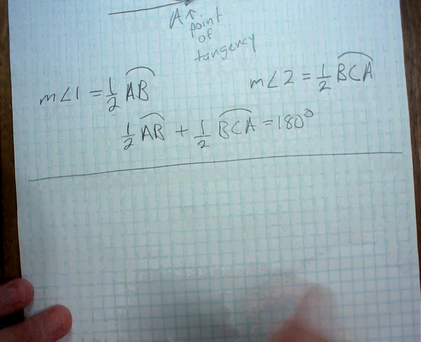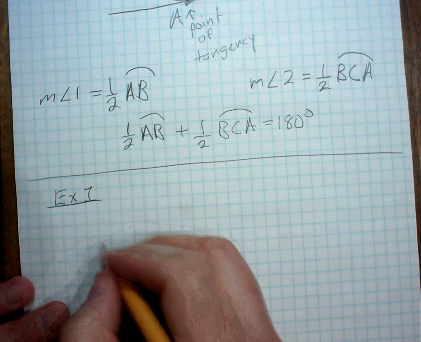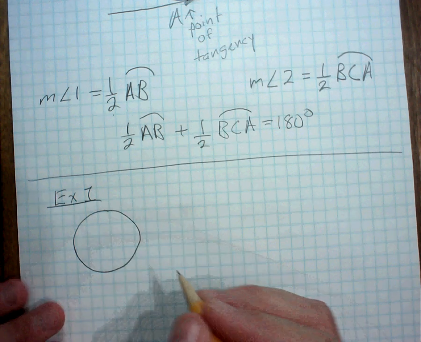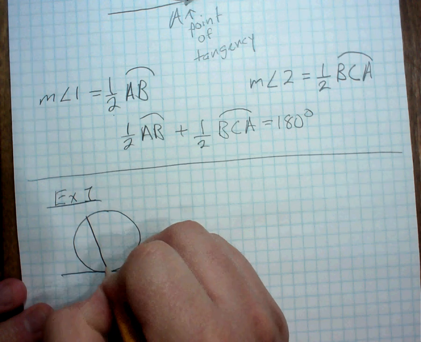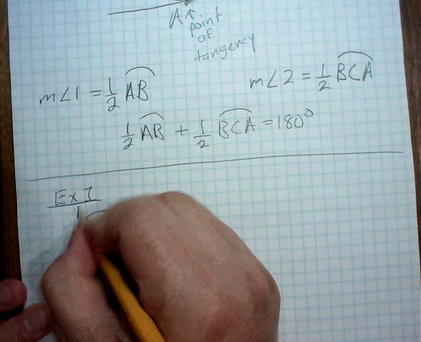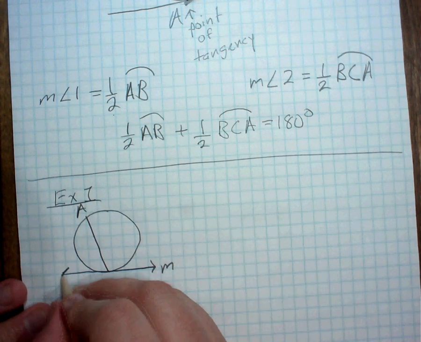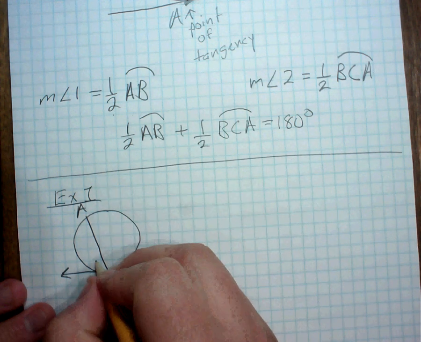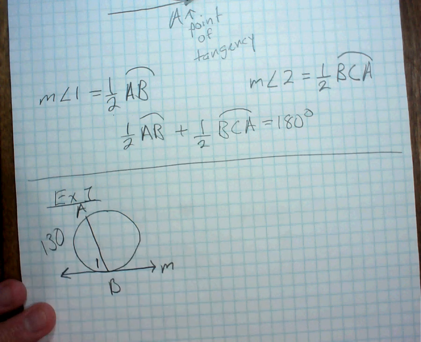Okay. So for example number 1, I have this circle, where this is B, this is A. This is line M, and we're told that this is angle 1, and this right here is equal to 130.